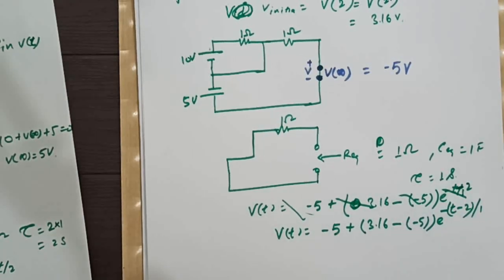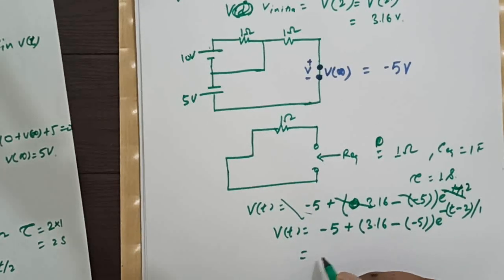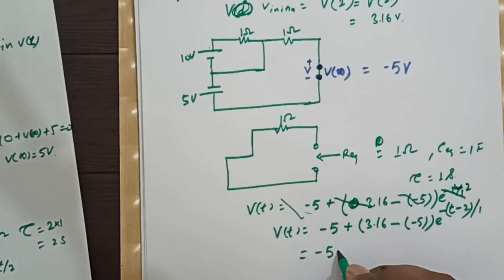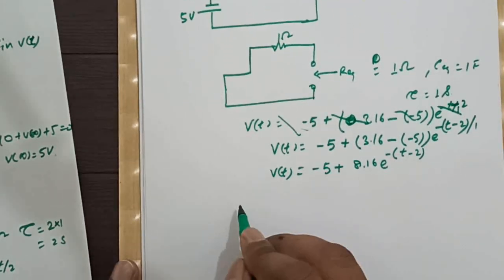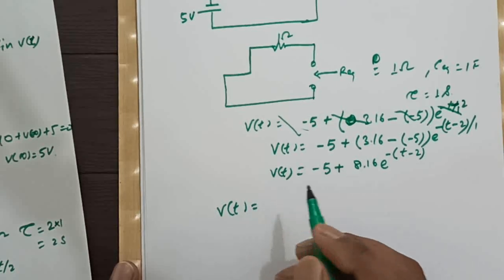Tau is 1. Clear? After simplifying this, it will become minus 5 plus 8.16 e to the power minus of t minus 2. Clear? This is Vt.